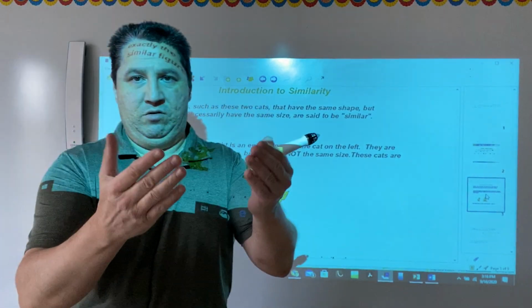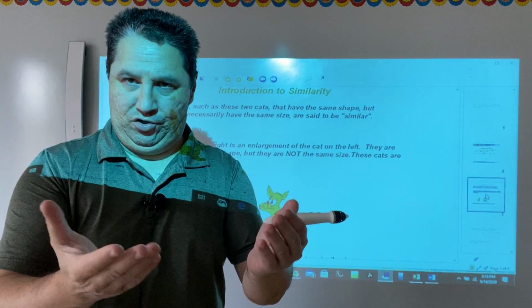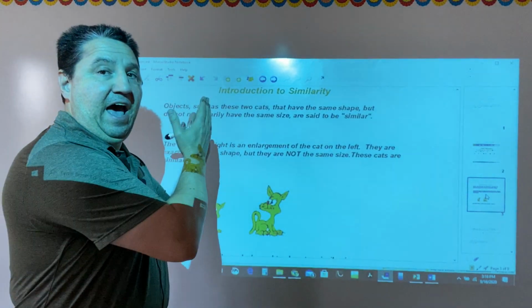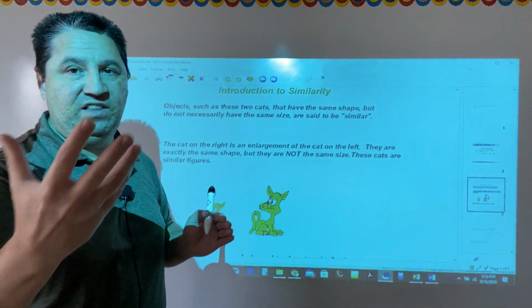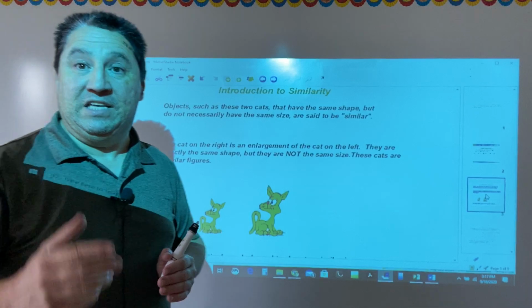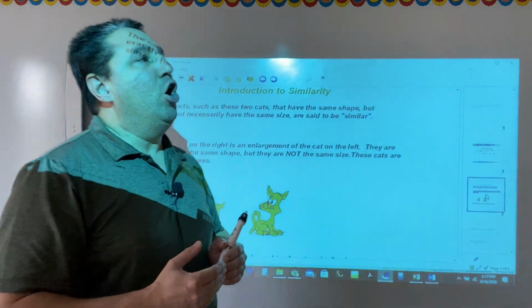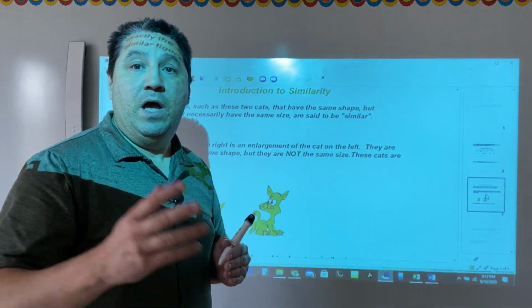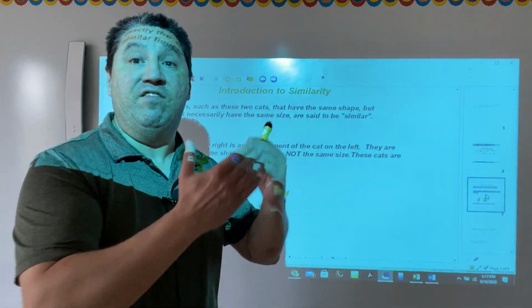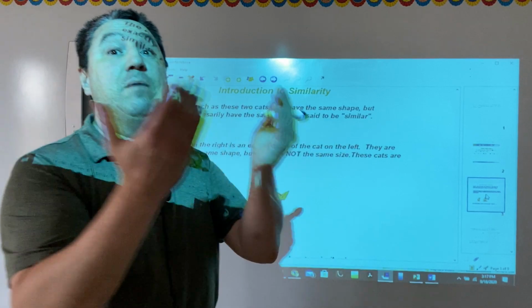Two geometric figures are similar if they have the same shape but different size. Remember, when we talk about congruency, two geometric figures are congruent if they have the same shape and the same size.